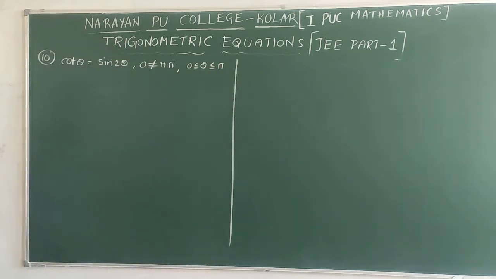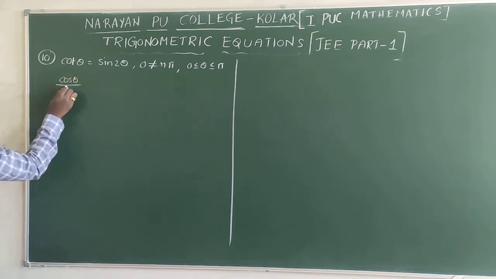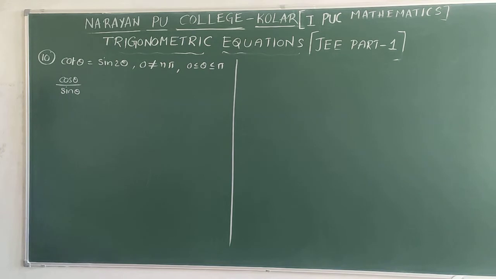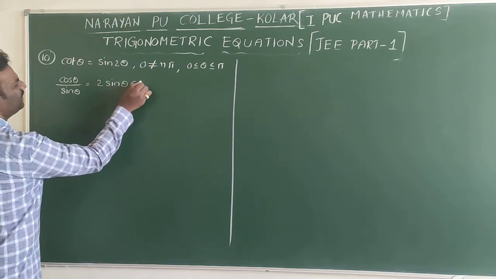Okay. Now this can be written as cos theta equals sin 2 theta, that is 2 sin theta cos theta.